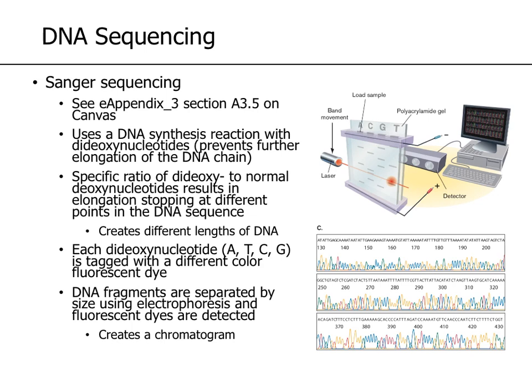Essentially this uses DNA synthesis, the same kind of mechanisms we use for replication, to figure out the sequence of an unknown plasmid, or you can even put linear DNA into these reactions.